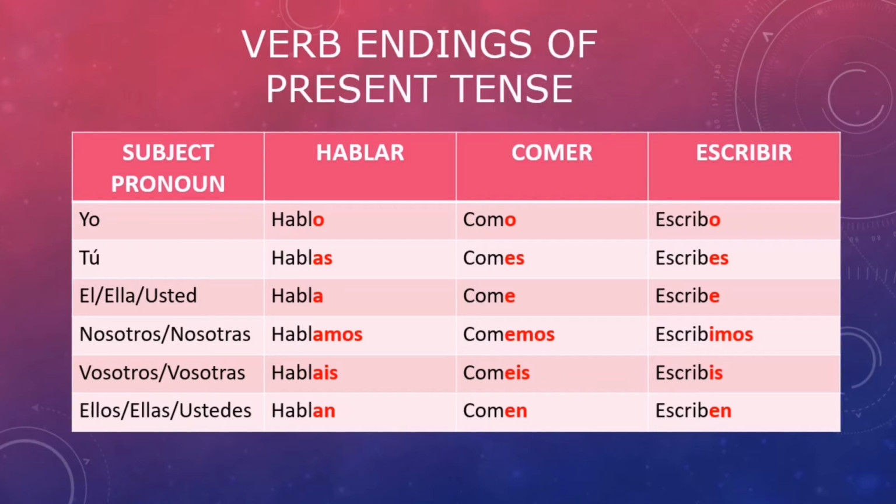And it always corresponds to the correct subject pronoun. Like what I have said, you cannot use, for example, nosotros and then hablas. No, because nosotros should be paired with hablamos. Alright, for better understanding, let's move on to the next slide.